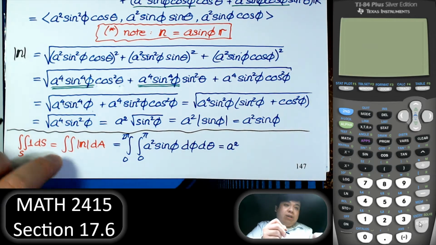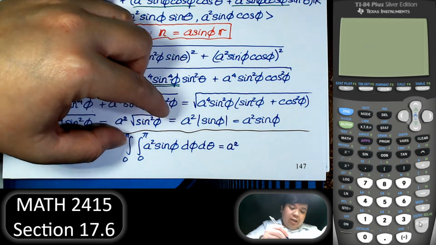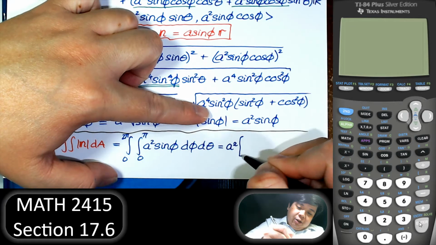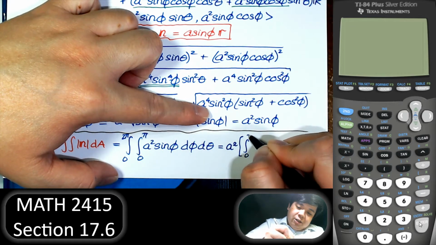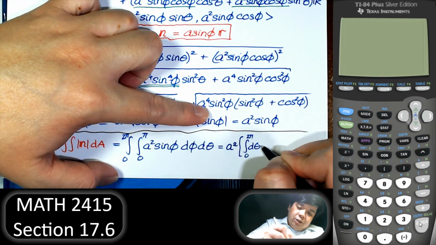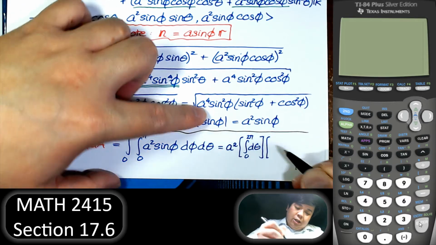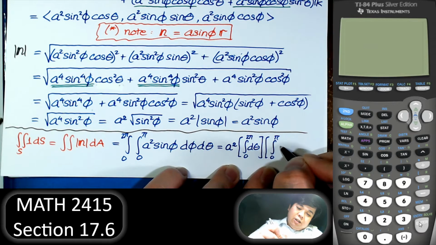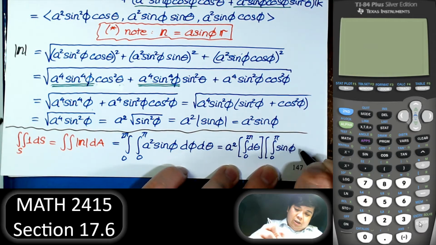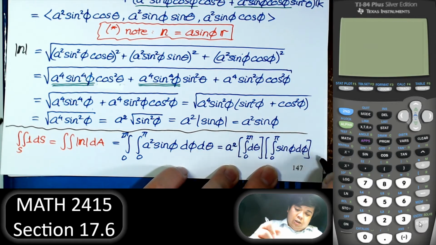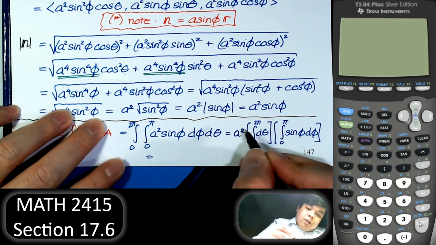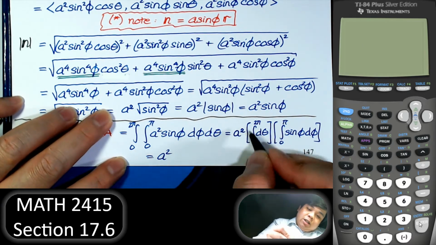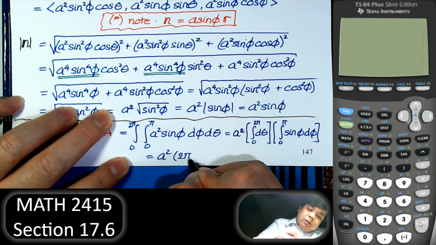We have a square, and then for theta, and for sine phi. So a square, this integral is equal to 2 pi.